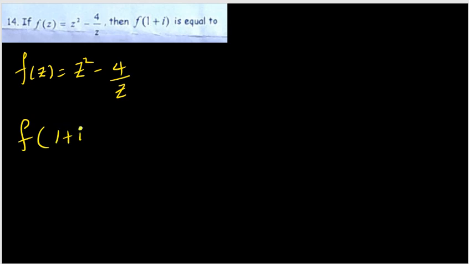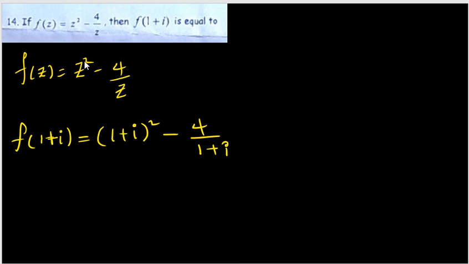The last question for today, what's given here? F of z is equal to z squared minus 4 over z. Then what's asked? F of 1 plus i is asked. What am I supposed to do here?